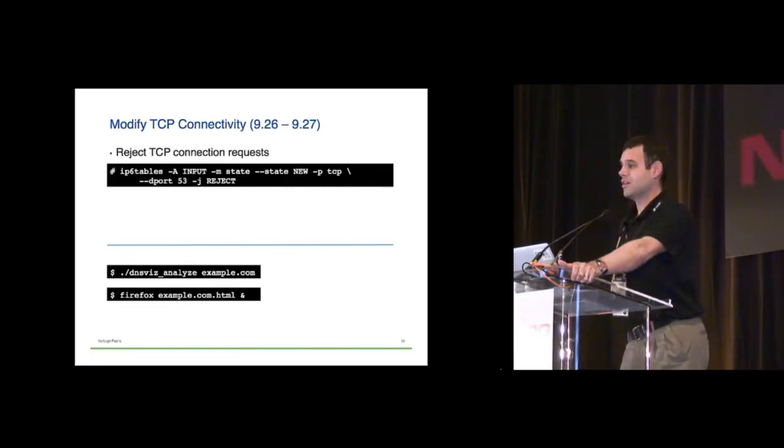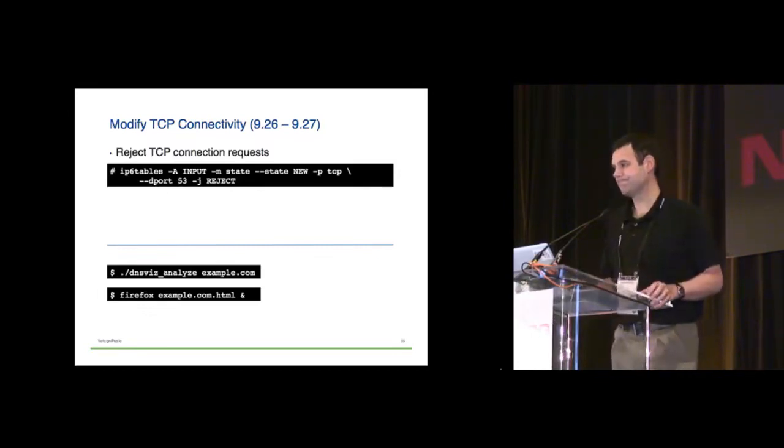This is on SLD1, exercises 926 to 927. You don't need to reload anything, just run the ip6tables command, and then run your DNSViz analyze on your guest again. Rinse and repeat, okay?